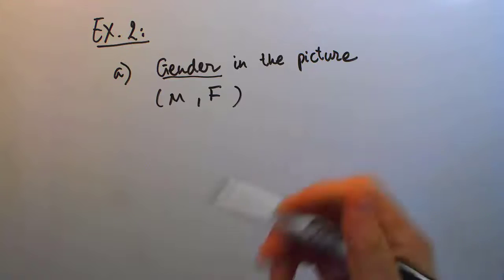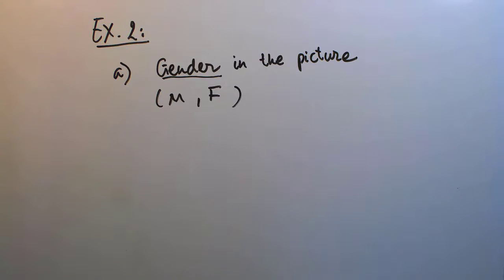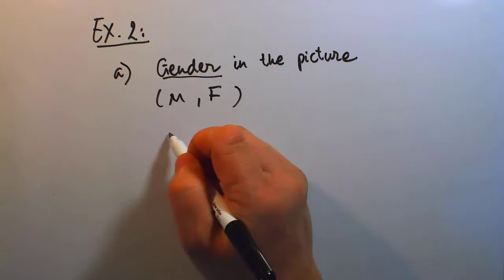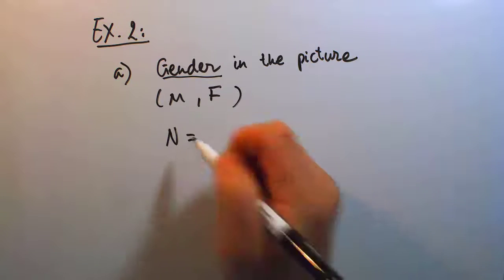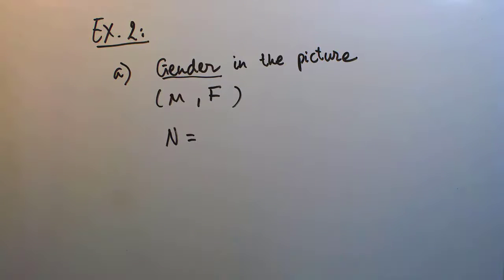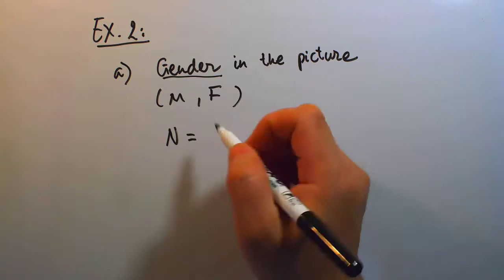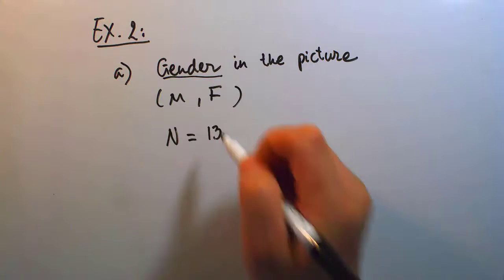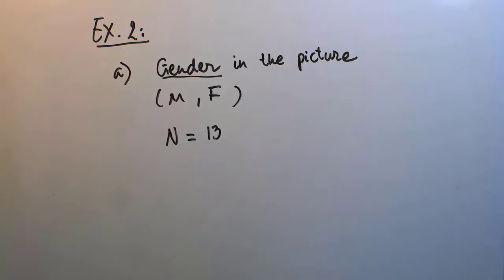In a group of people like this, the first thing we can do, again, remind yourself, is the n count, famously known for how many values there are in total, including all males and females. After a quick count, I found there are 13 values in the data.